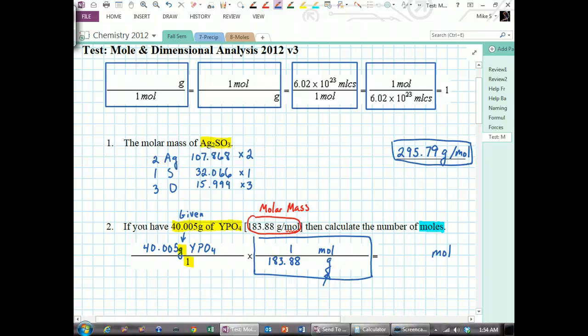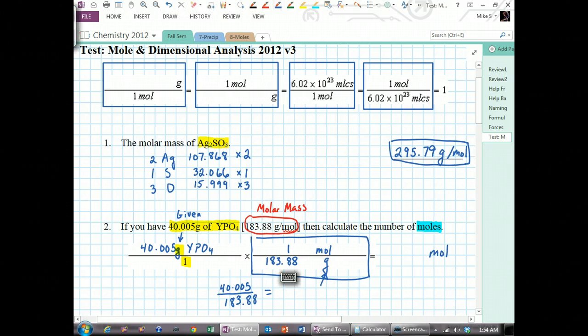And then math-wise, this becomes a fraction because I have 40.005 on top, and 183.88 on the bottom. So you can put in your calculator 40.005 divided by 183.88, and that will get you your answer of 0.21756.